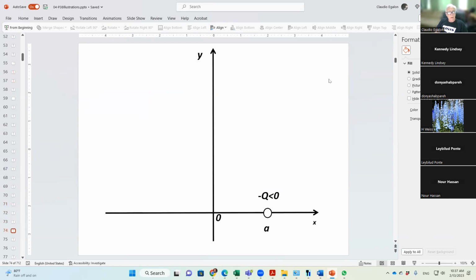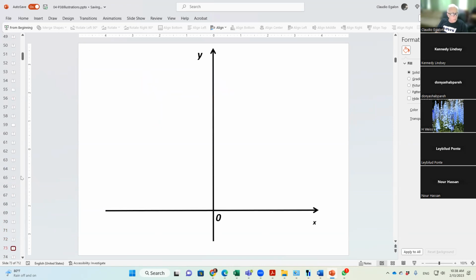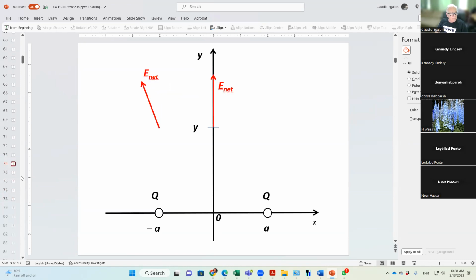Okay, let's see. Let's do one more. I did only two electric fields here. I want to do a second, third field. Let's see here. Oh, here you go. Now I'm going to give you a simpler problem right now. What's going to be the electric field at this spot here, right?